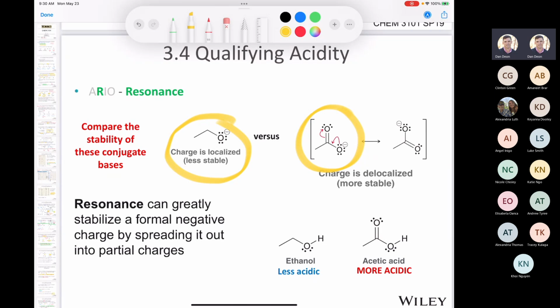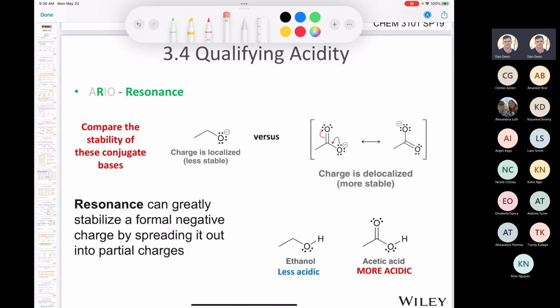Well, again, we can't use A because the negative charge is on an oxygen here, and it's on an oxygen here. However, if you think about resonance, this anion has no resonance stabilization whatsoever. There's no resonance structure you can draw for this atom. Whereas if you look at this ion here, you can draw a second resonance structure, which is shown here.